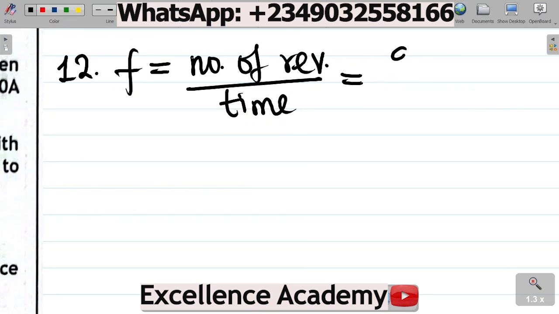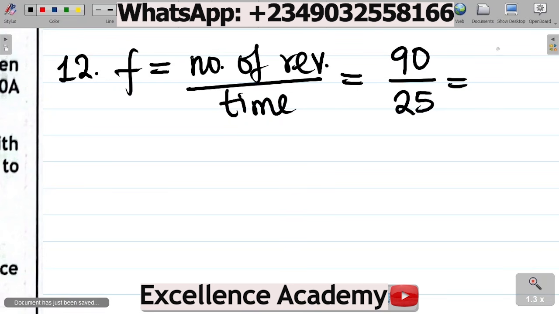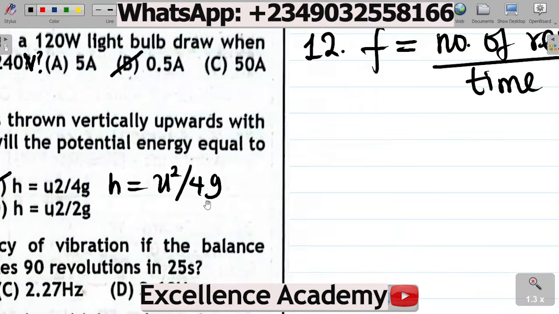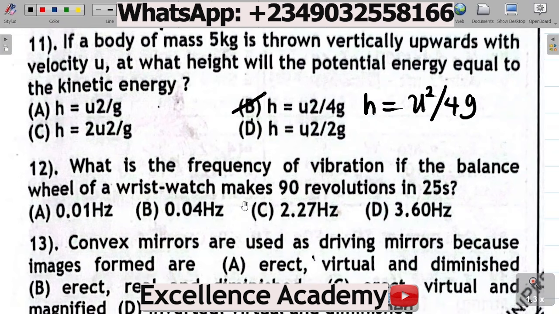So number of revolutions is 90 all over, they said 25 seconds. That's 90 over 25 seconds. If you punch this, 90 over 25 gives you 3.6 hertz. That's your answer. For number 12, the correct answer is 3.6 hertz, which is option D. So option D is your correct answer.